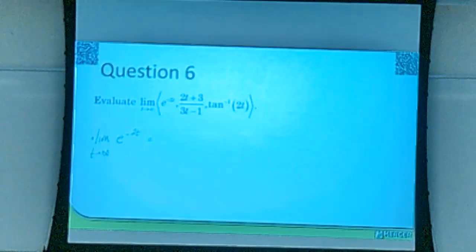First, does that limit exist? Does the limit as t approaches infinity of e to the negative 2t exist? Yes, what is it?